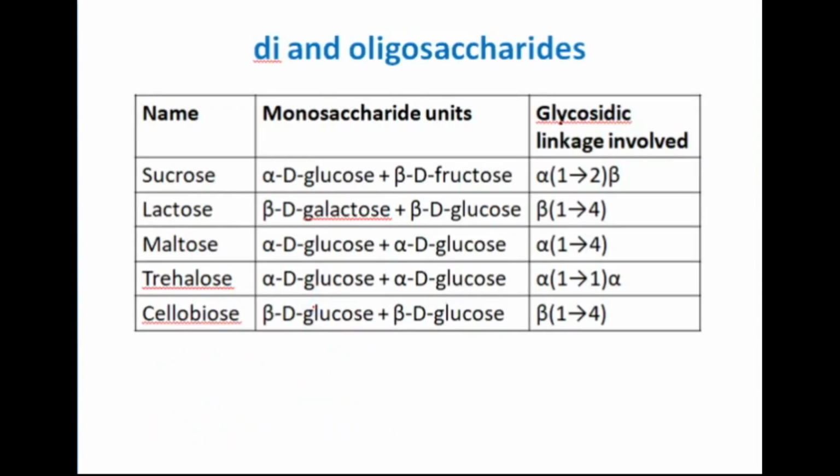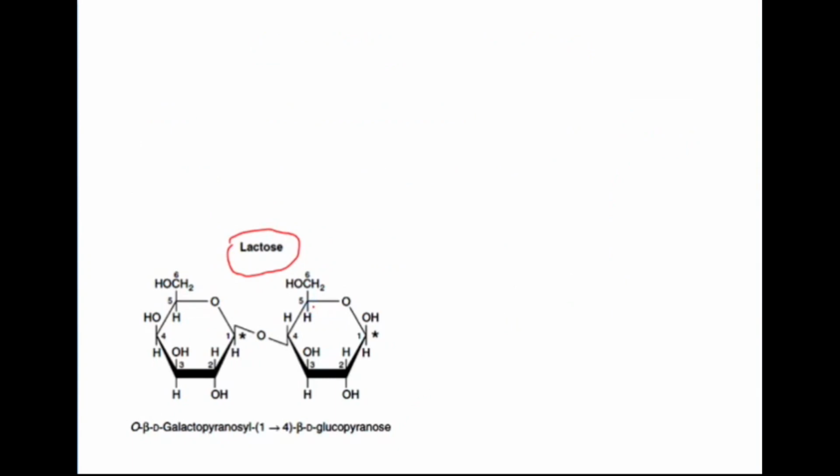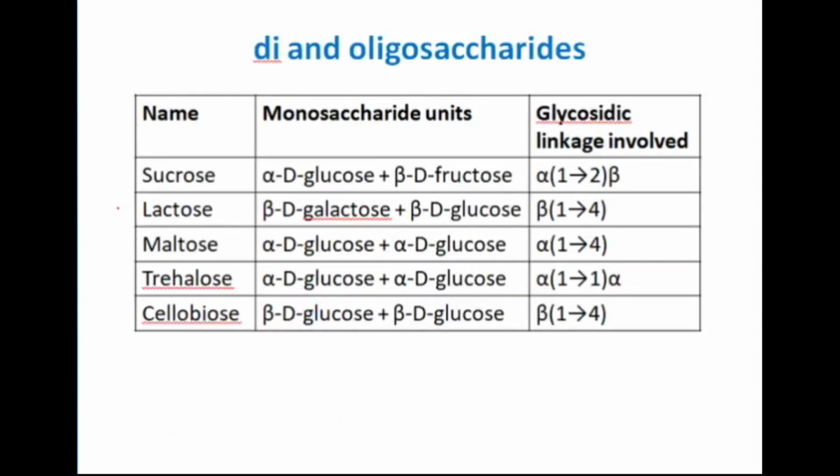Here I would like to explain how glycosidic linkages are formed with the help of one or two examples. Here I have chosen the example of lactose. Lactose is formed due to the interaction between beta D galactopyranose and beta D glucopyranose, with a beta 1,4 linkage.